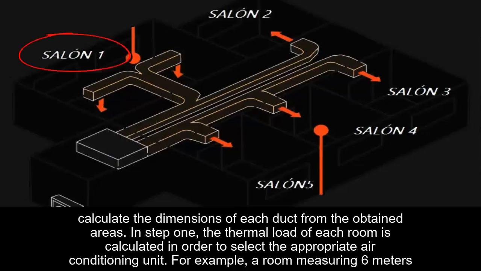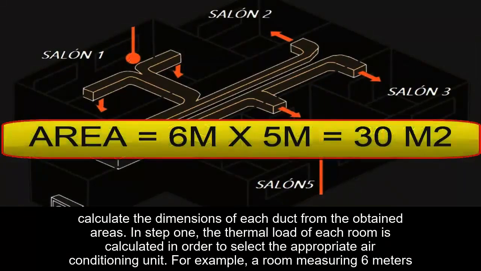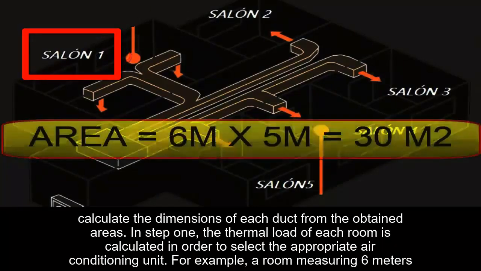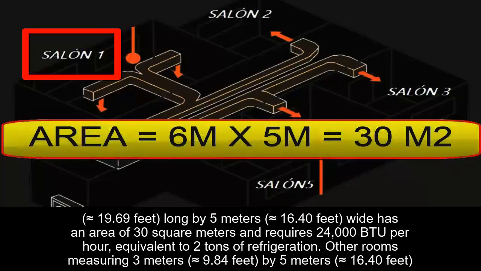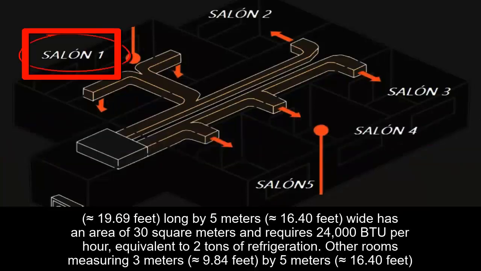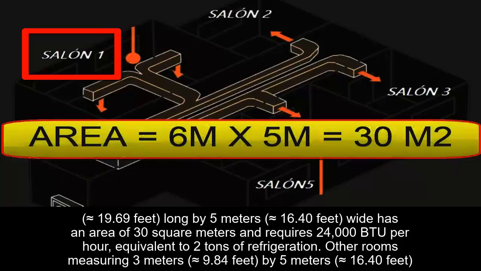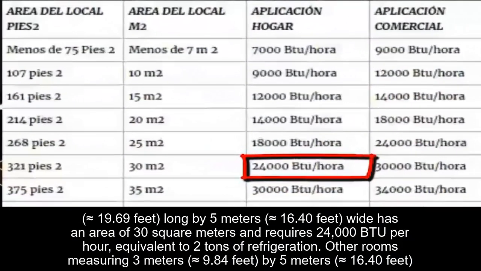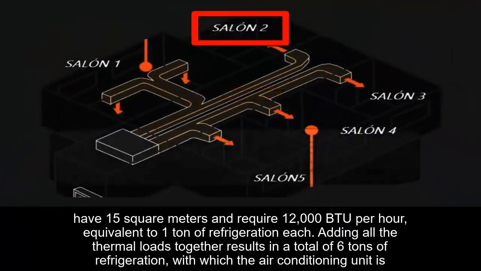In Step 1, the thermal load of each room is calculated in order to select the appropriate air conditioning unit. For example, a room measuring 6 meters, nearly 19.69 feet, by 5 meters, nearly 16.40 feet, has an area of 30 square meters and requires 24,000 BTUs per hour, equivalent to 2 tons of refrigeration.